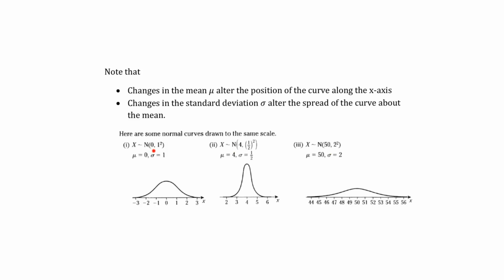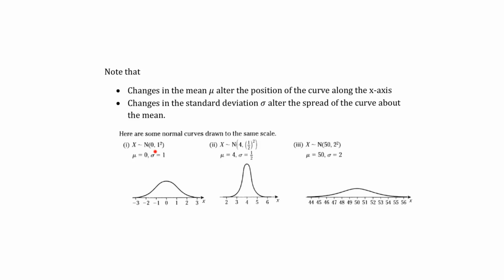X follows a normal distribution with mean 0 and sigma square is 1 square, so the variance is 1 and the standard deviation is 1. You have another distribution with mean 4 and variance half square, and another with mean 50 and variance 2 square. Now how would the graph behave?